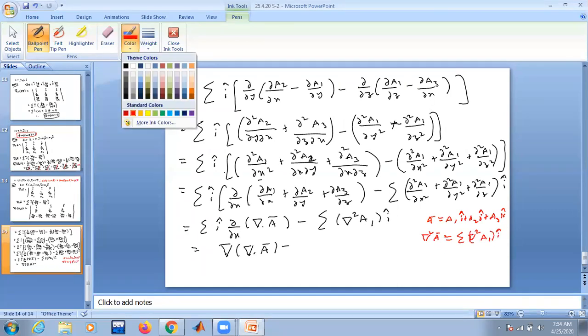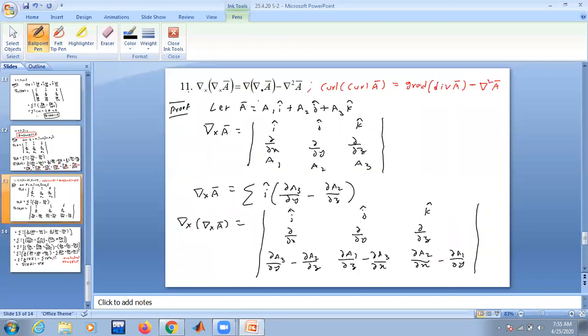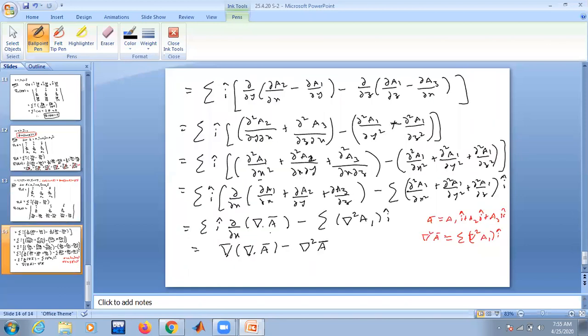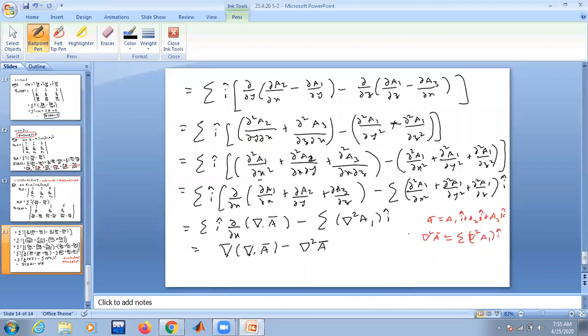So that is nothing but del square of a bar, and that is what we want to show. Okay, del cross del cross a bar is del of del dot a bar minus del square a bar, and this is a very important result from the examination point of view also. Okay, so this is the 11th result.